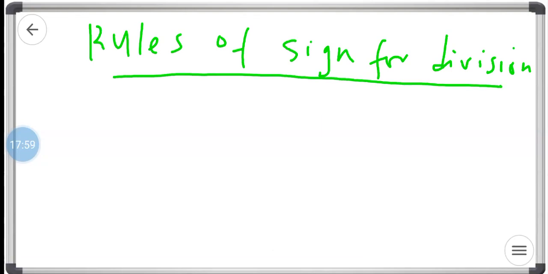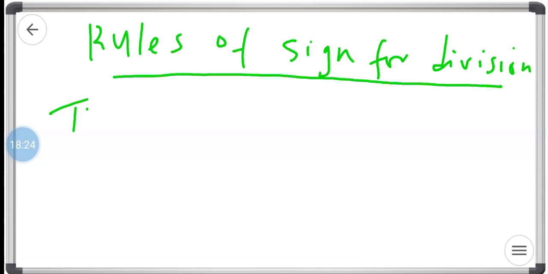Now, we said the quotient of two terms with like sign is positive. So now let's consider the first example under that.